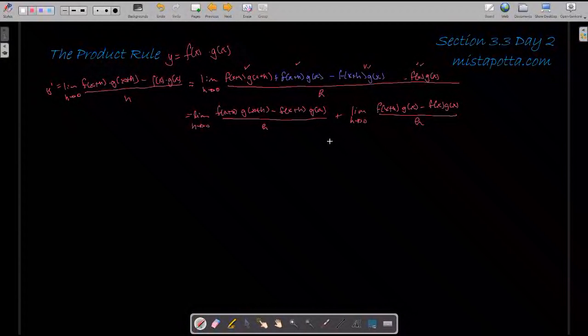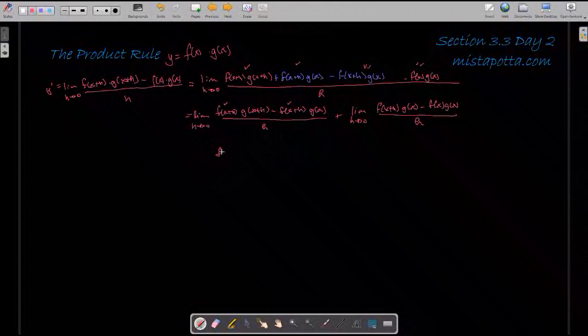And I want to treat this algebraically because I'm looking for something that I recognize. And the first thing that I see is that this f of x plus h and this f of x plus h are a common term.